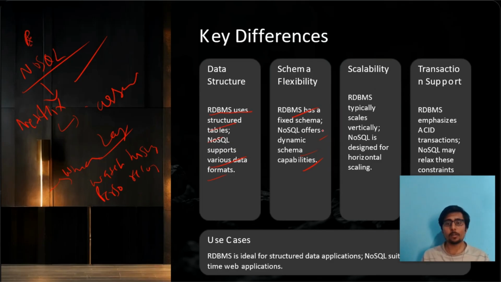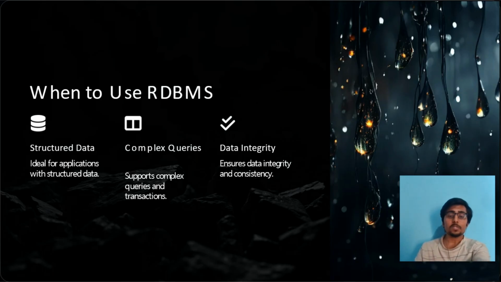That is why NoSQL is kind of better there. On scalability, RDBMS typically scales vertically, while NoSQL is designed for horizontal scaling. Use cases you can see here: RDBMS is for structured data, as I already told, while NoSQL is suitable for web applications and real-time web applications. So this was all about the differences.